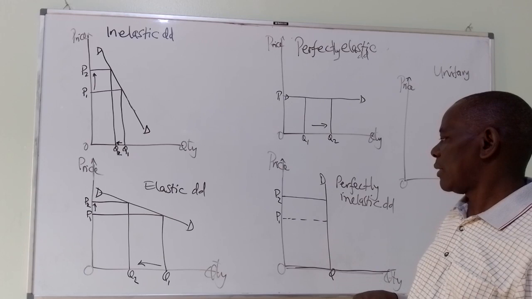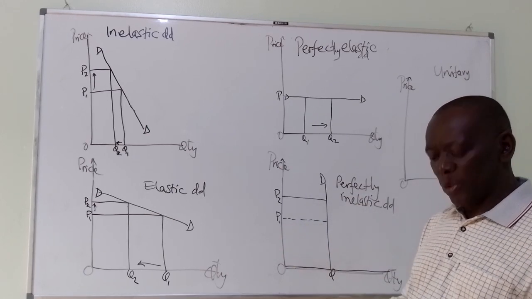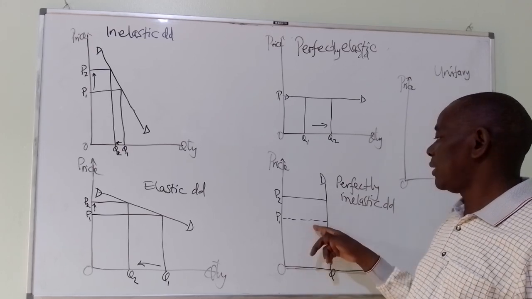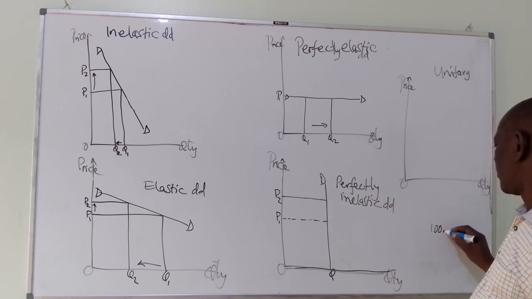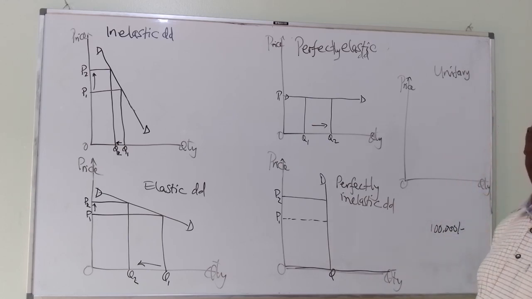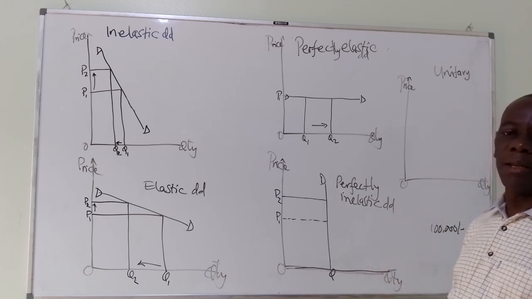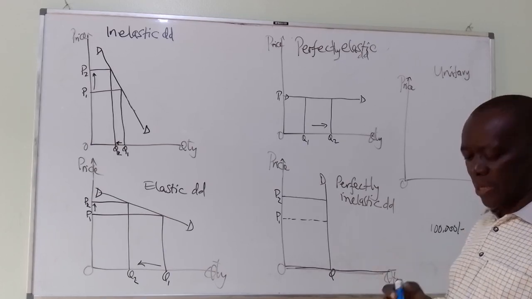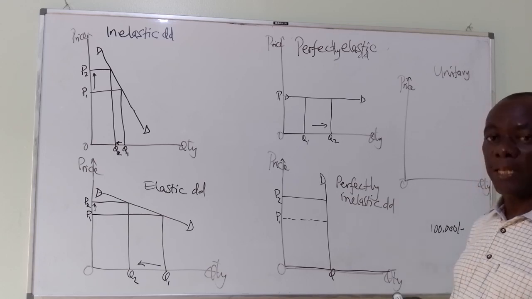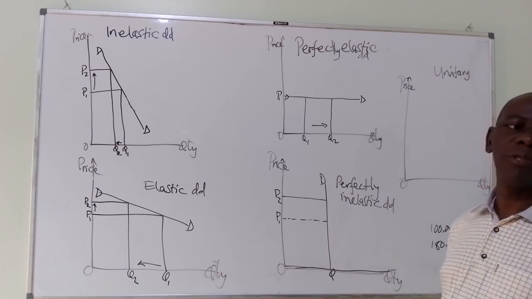That's what I said the other day, that the moment you go to the hospital and they tell you that the dose costs 100,000 for your sickness, and then after 1 month you go back suffering from the same sickness, they tell you now it has gone to 180,000. You will not say, I will not take the dose.